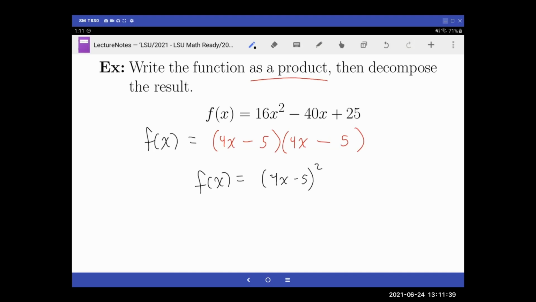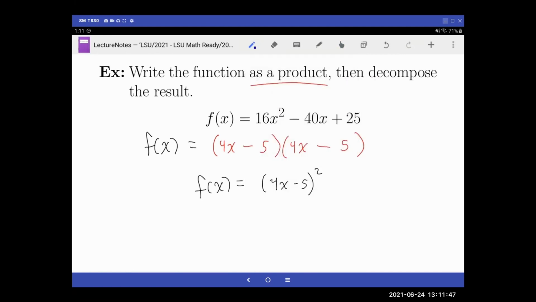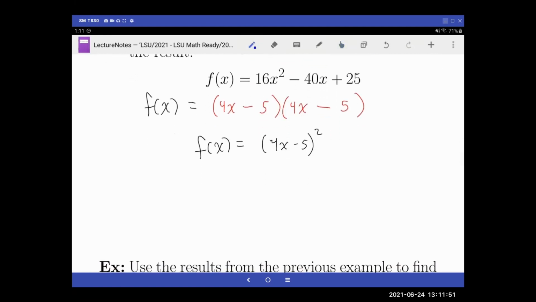Okay, and so now we want to decompose this one. Let me go ahead and write this in blue, decompose. Well, the inside function could be this 4x minus 5. Which means, okay, the box is drawn here.